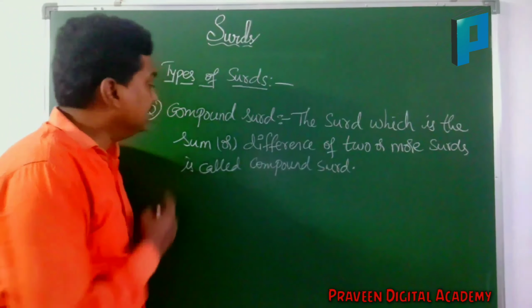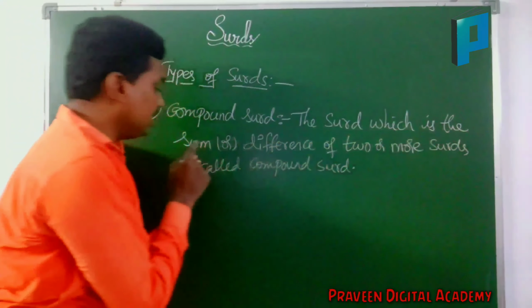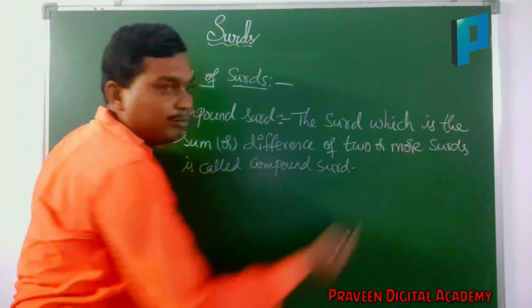Here, compound surd means the surd which is the sum or difference of two or more surds.